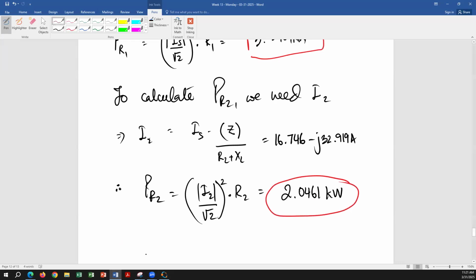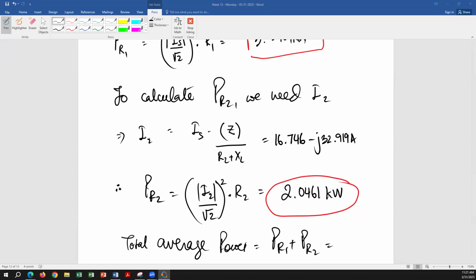And to confirm, what is the total average power? PR1 plus PR2. Let's calculate that.